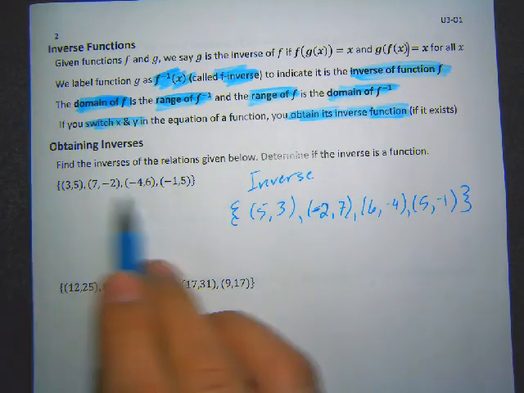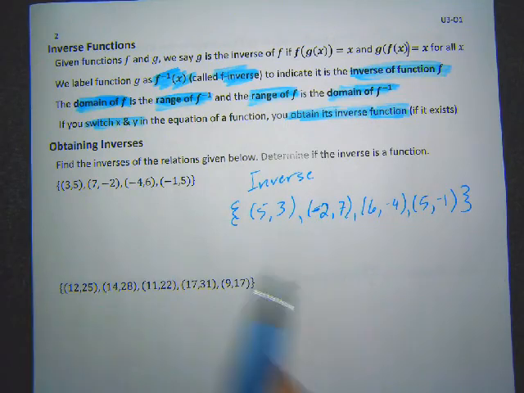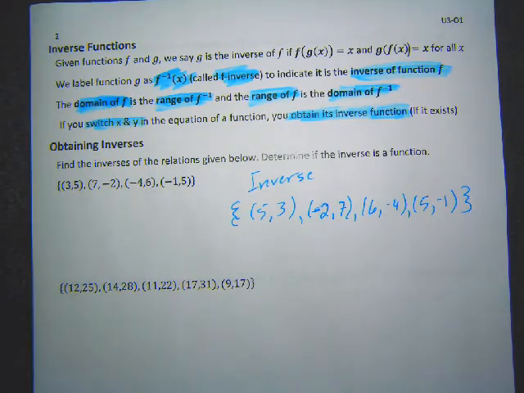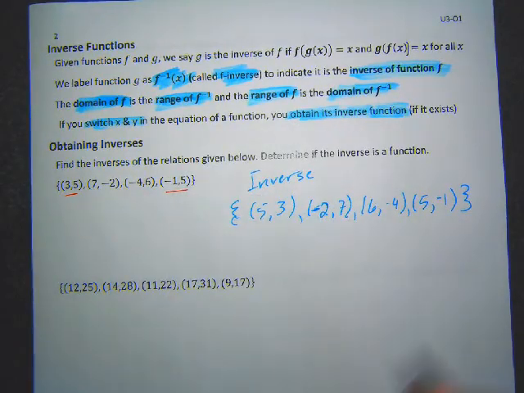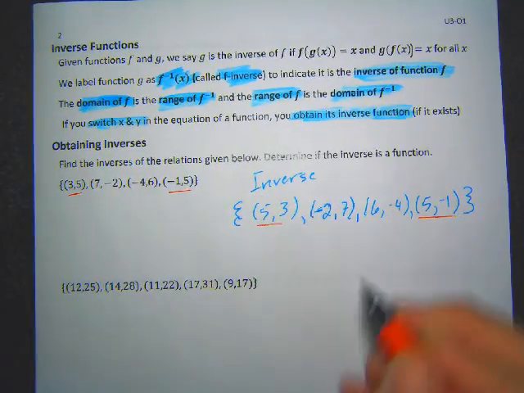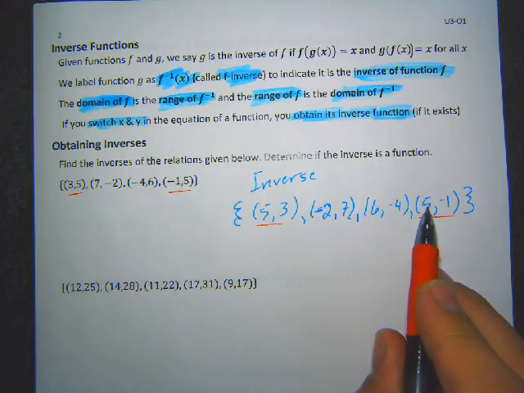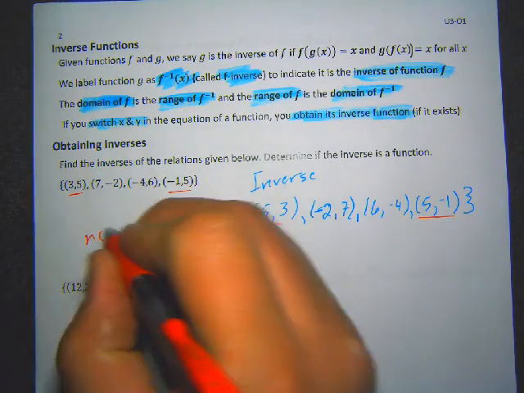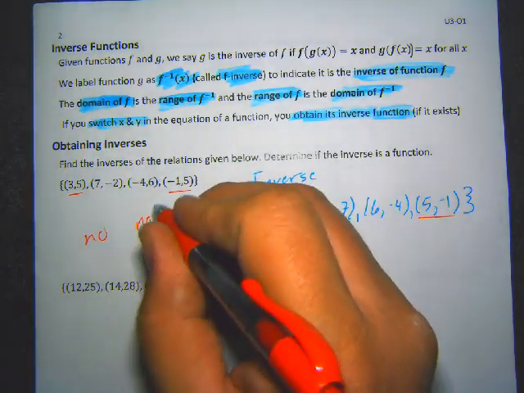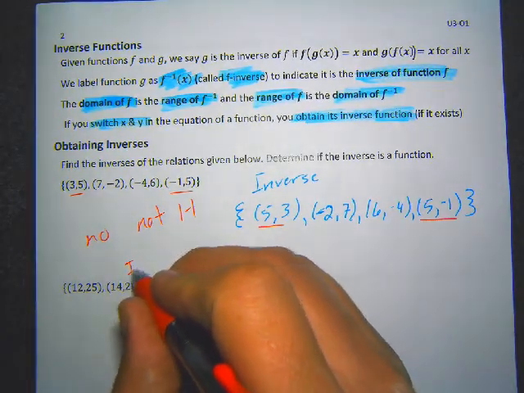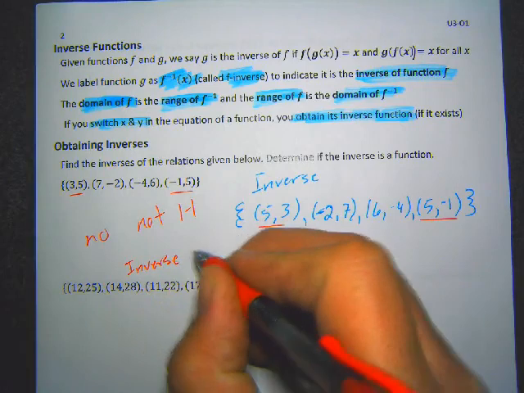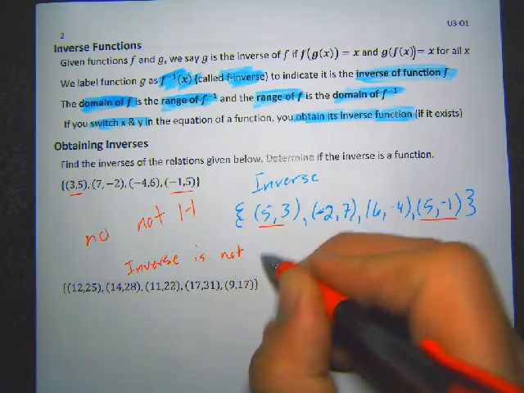Now we knew that if this was one-to-one, this would be a function. And if you look at this, you notice that it's not one-to-one, right? You can see that both 3 and -1 give you 5. You can see here that 5 has two different results. So no, this was not one-to-one. So it wasn't one-to-one to start with, so the inverse is not a function.